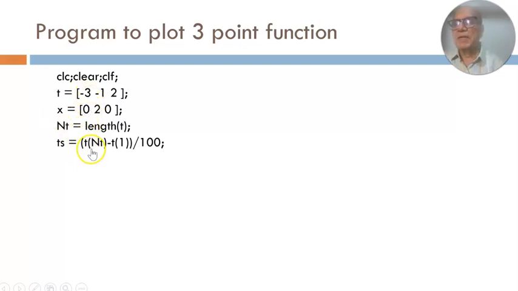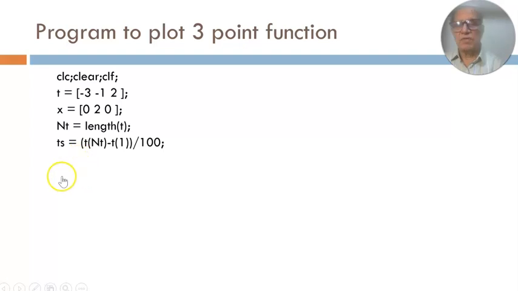That is easy. You take the last value and from that subtract the first value. So t(nt), remember nt is 3, so you are calculating t3 here, that will be equal to 2, minus t1, which is -3. So when you do this calculation, you are actually doing 2 minus -3, which is 5. So 5 seconds is the total time period for which you are doing the simulation.